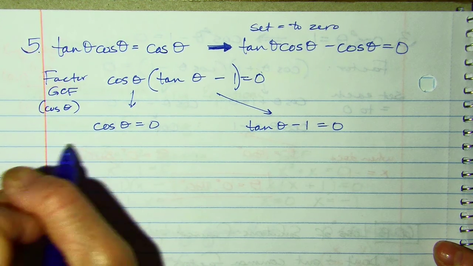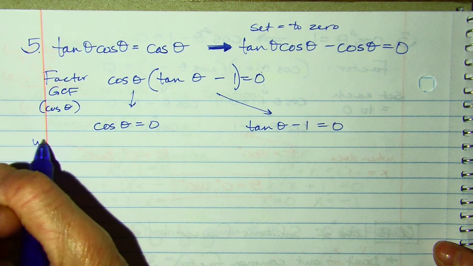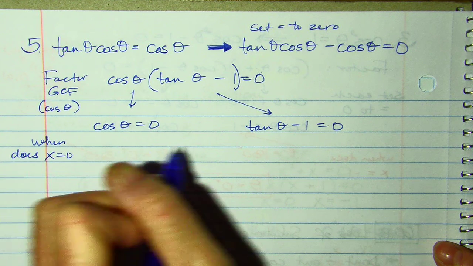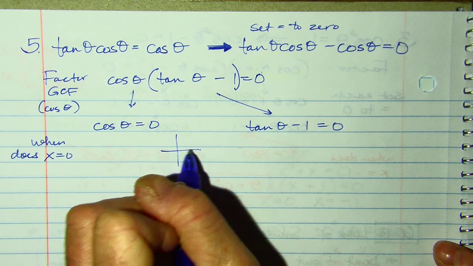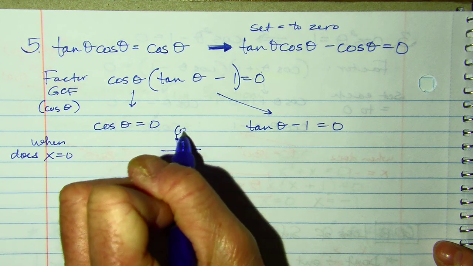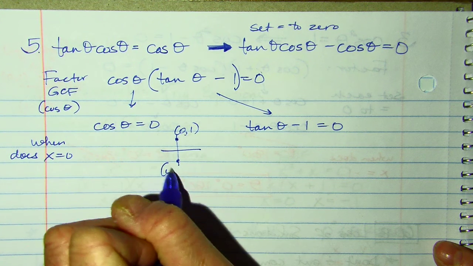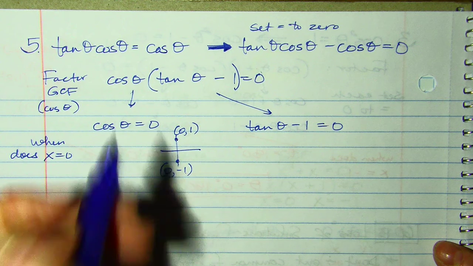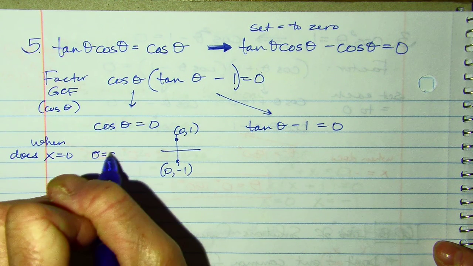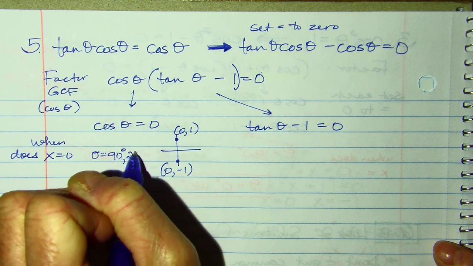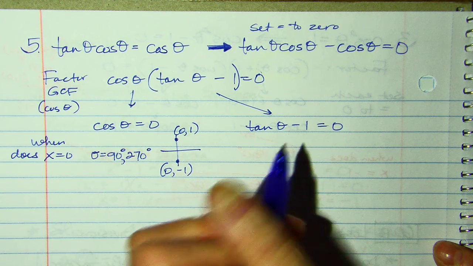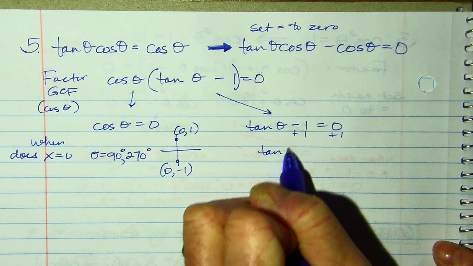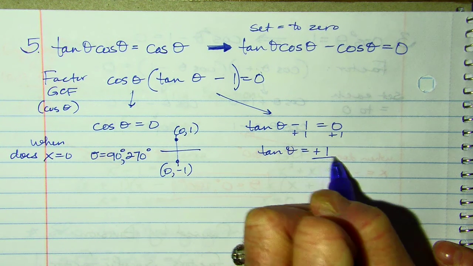So remember, cosine is x, so when does x equal 0? Well, x equals 0 here at 0, 1, and here at 0, negative 1. So x equals 0 in 2 spots. So theta equals 90 degrees and 270 degrees. This one I have to add 1. So the tangent of theta equals a positive 1 over 1.